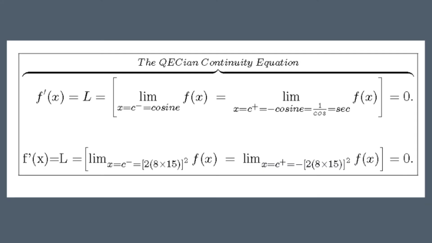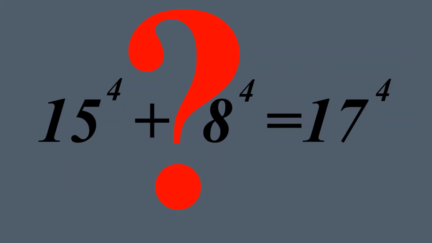Now, even though those oscillating C's look nothing like a triangle, at the end of the day, that interaction of C's is still representative of a zero limit, which is representative of a derivative, which is representative of a tangent, which is representative of a hypotenuse of a diagonal triple, which again is verified by Euclid's formula, which finally leads us to side A. What exactly is 15 to the fourth plus 8 to the fourth equals 17 to the fourth, which equals side A?